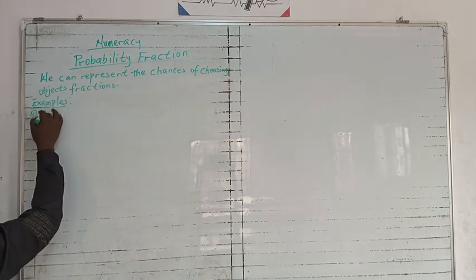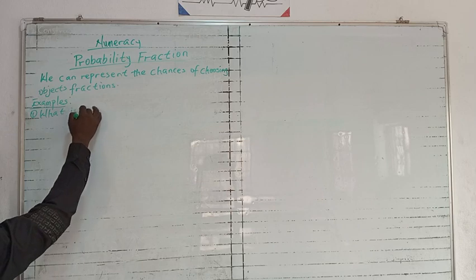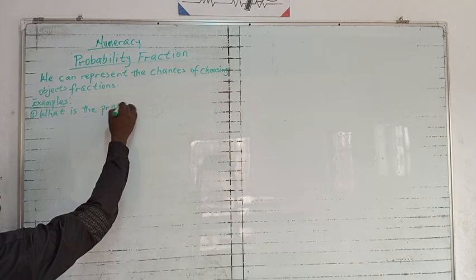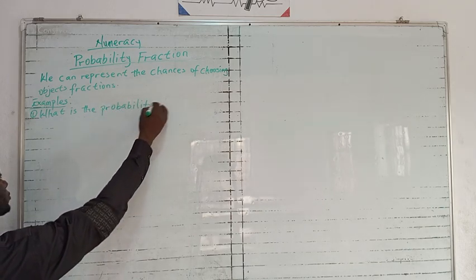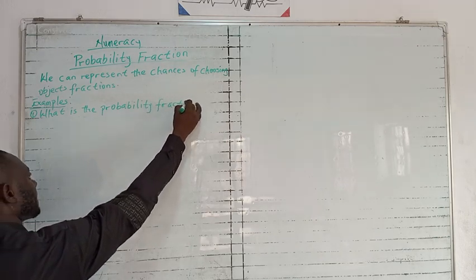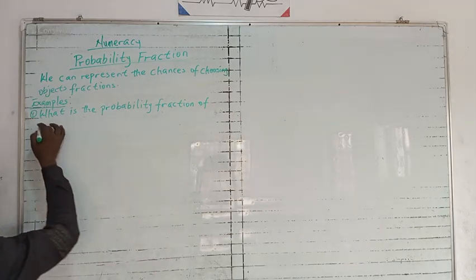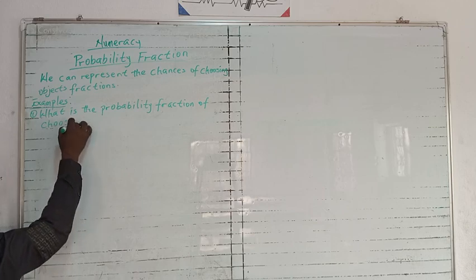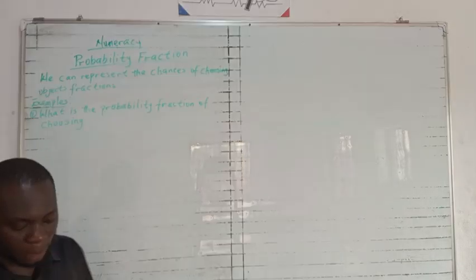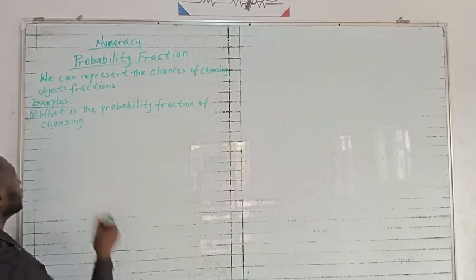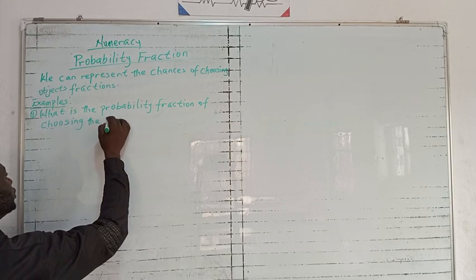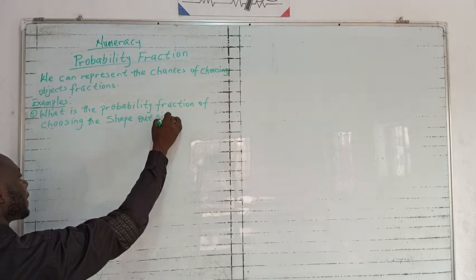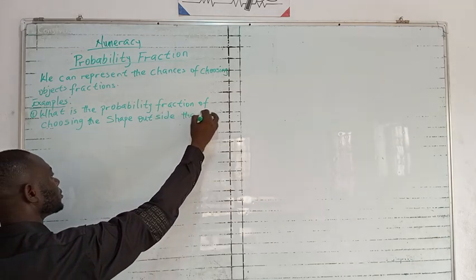So what is the probability fraction of choosing the object outside the box, of choosing the shape outside the box?